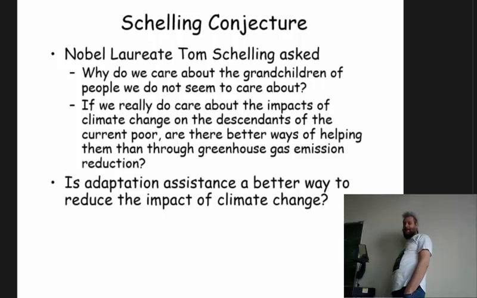And then Schelling went on to ask, why do we care about these people? Why do we care about the grandchildren of Bangladeshis when it's not at all obvious that we care about the Bangladeshis themselves? If you look at our aid policies, the charities that we do to help poor countries grow, that doesn't suggest that we care a whole lot about them.